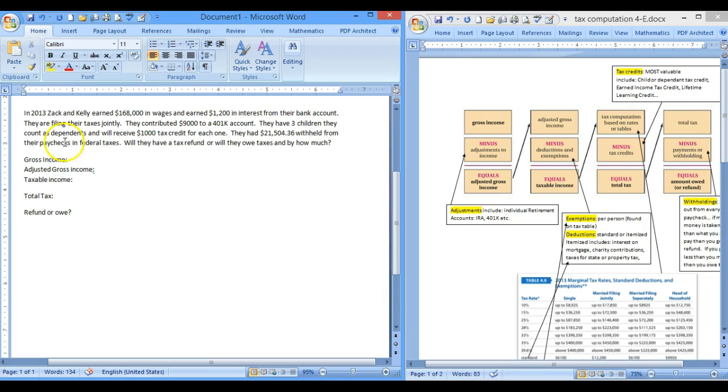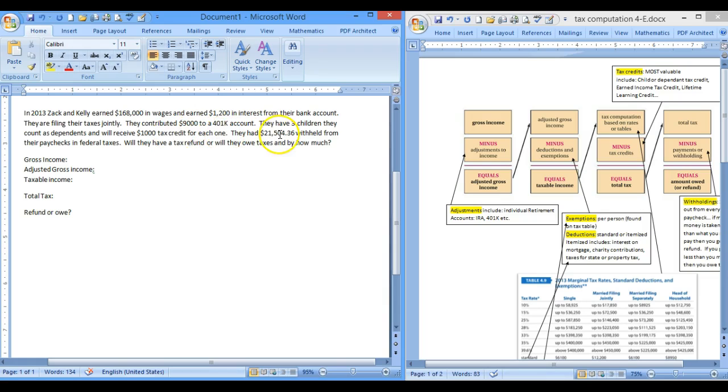It's important that they count as dependents, because older children earning enough money on their own can no longer be considered dependent, and so they won't qualify for the exemptions and the tax credit as well. In this case, they received the $1,000 tax credit for each one.